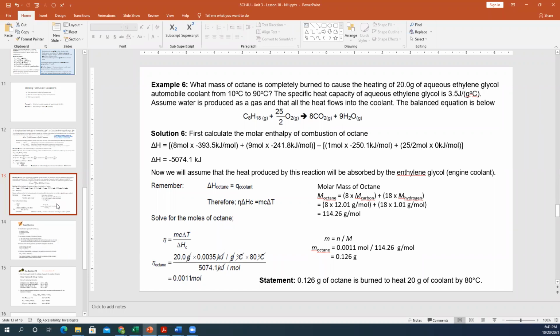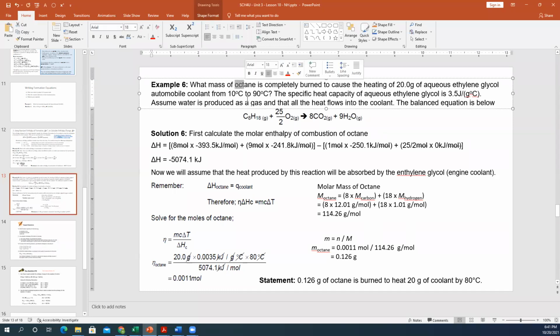So you don't even have to think about how to write up this combustion equation. But suppose you didn't have this equation written up. So ethylene glycol is an automobile coolant, and octane, we know, is the oct part, we know it's 8 carbons.